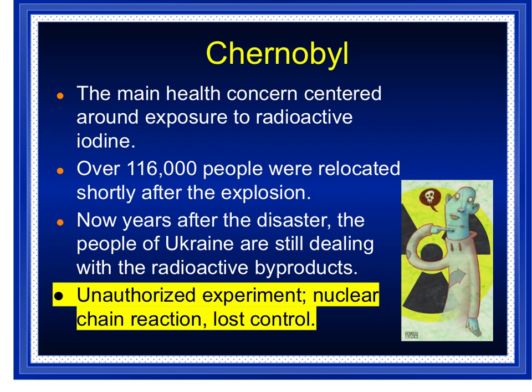Over 116,000 people were relocated shortly after the explosion. Now, years after the disaster, the people of Ukraine are still dealing with the radioactive byproducts. The main culprits for this engineering failure were an unauthorized experiment, a nuclear chain reaction, and that they lost control of what was going on.